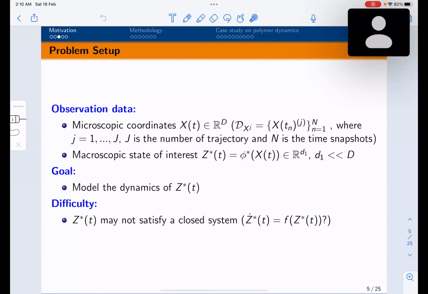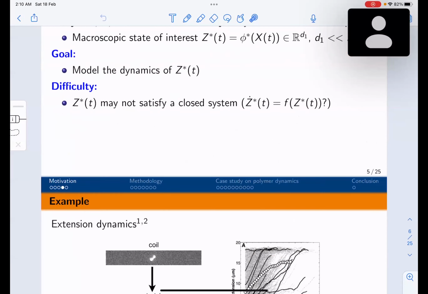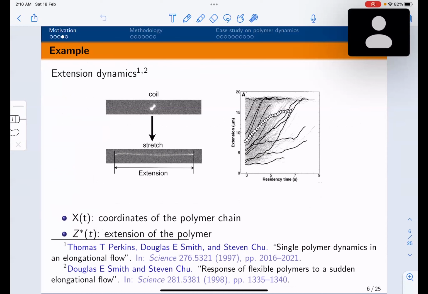What is the capital X and this star T here? For example, in the tension dynamics, the xt means the coordinates of the polymer chain. This is the polymer chain here. And for each polymer chain, there are a lot of beads connected together. So the dimension of this polymer is very large.